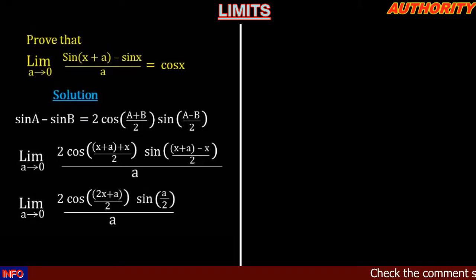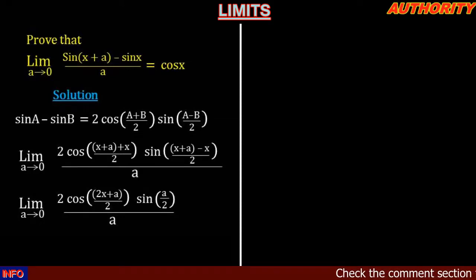And then when we look at sine, in the bracket we have (x + a) - x. So when we remove the bracket, we have x - x, which is equal to 0. Then we'll be left with a/2. That means we have sin(a/2).